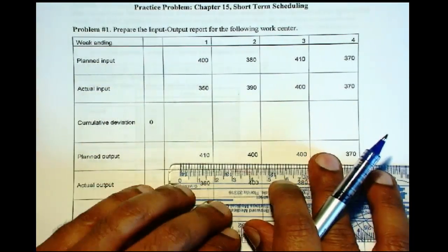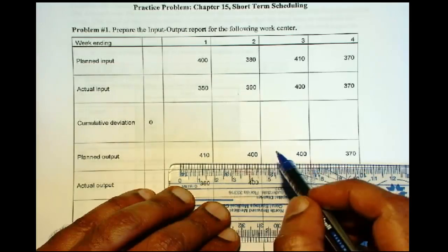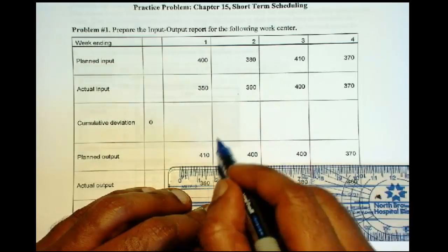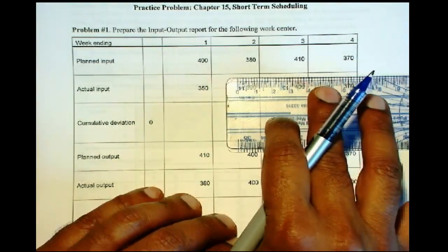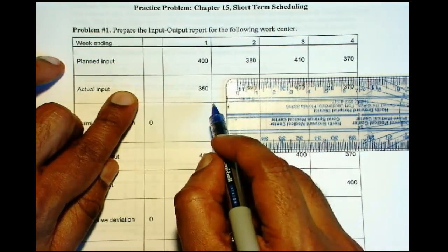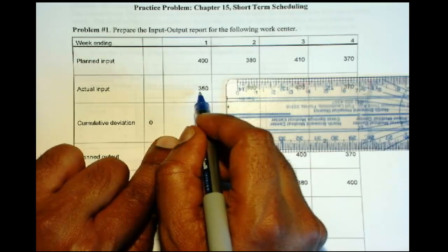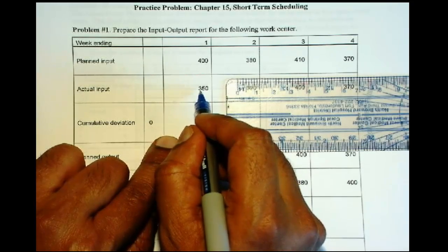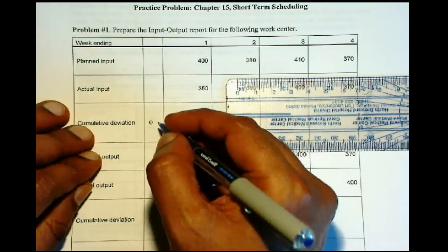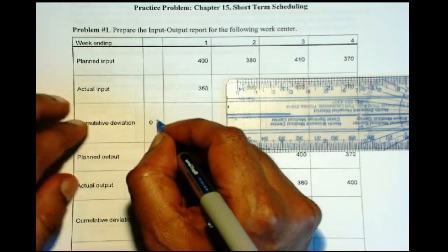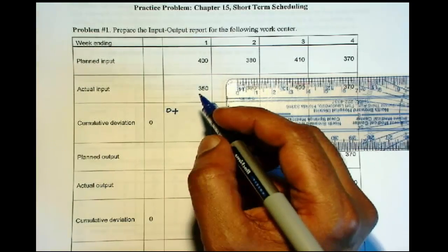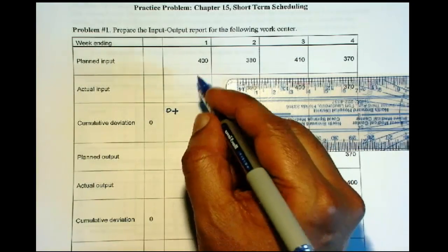And similarly, here you have the planned outputs that are expected to come out of the workstation for each of the weeks. Now, as the actuals come in, this will be the one that you fill out after the week is completed. If the actual input that came in is 350, then the cumulative deviation is the previous cumulative deviation, here let's assume that it is 0, plus actual minus planned.